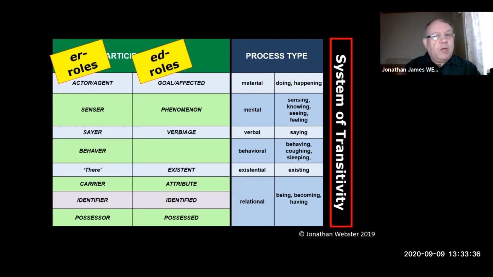Now we're going to generalize a bit here. We're going to generalize into two categories: the ER roles and the ED roles. The ER roles, who is the initiator of the action, okay? Doer, the ER role. The ED role, who is the affected, all right?